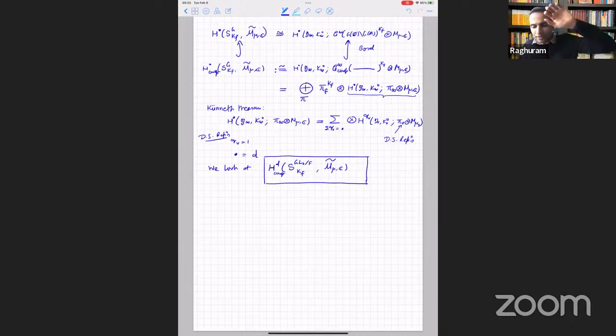I started with the classical world, then I talked about the automorphic representation theoretic world, and now I'm talking about the cohomology of locally symmetric spaces. I could have gone, and this is what Eichler and Shimura do, directly from the space of weight k cusp forms of some level N and some nebentypus omega tilde.